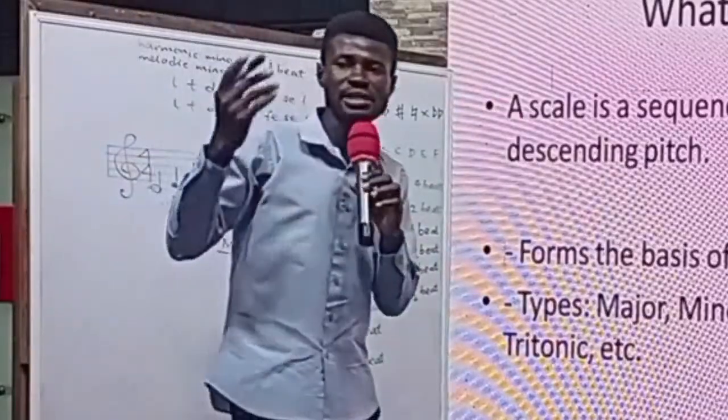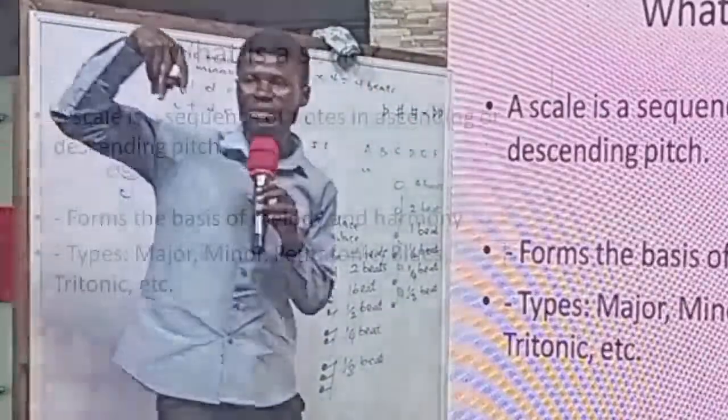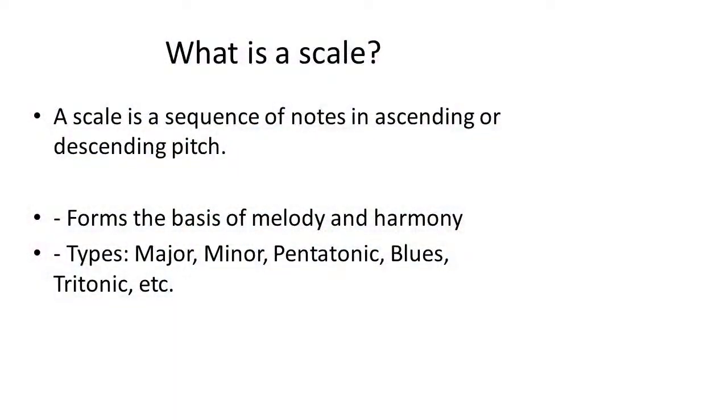So when we say that a song is built on a particular scale, we are saying that the notes of that song are from the notes that make up that particular scale.